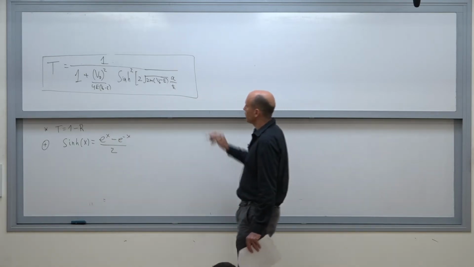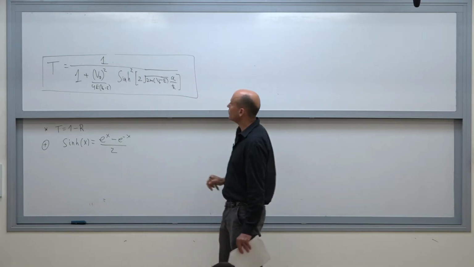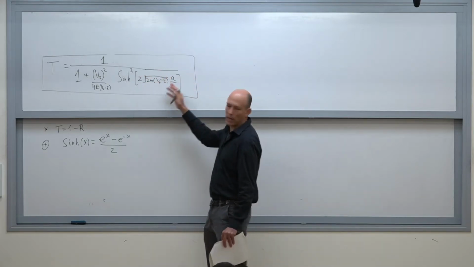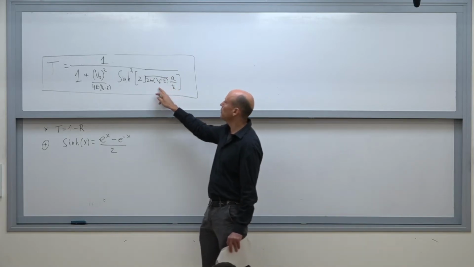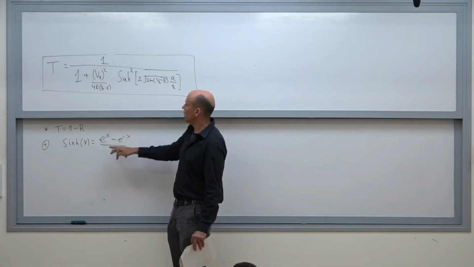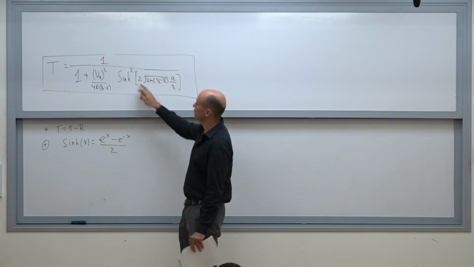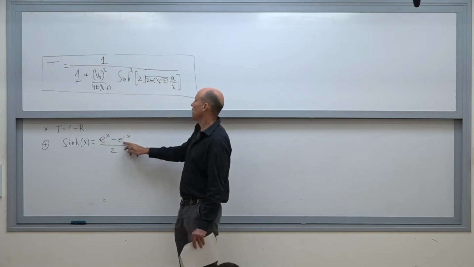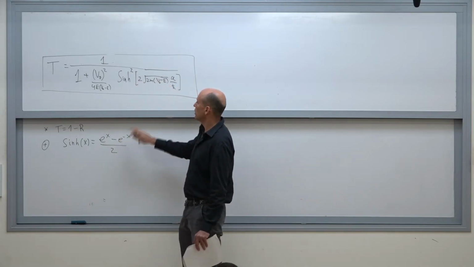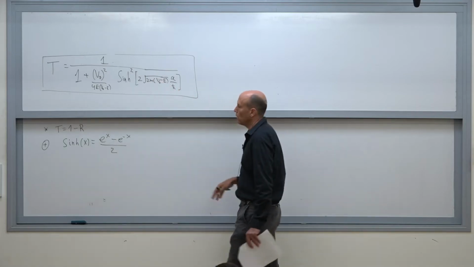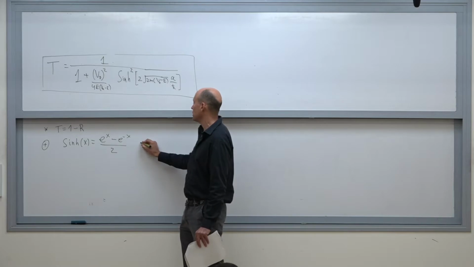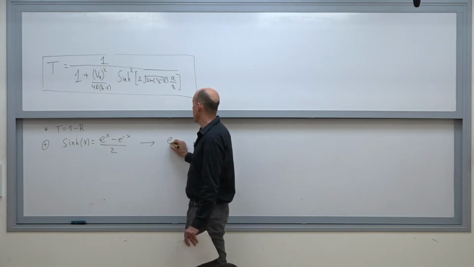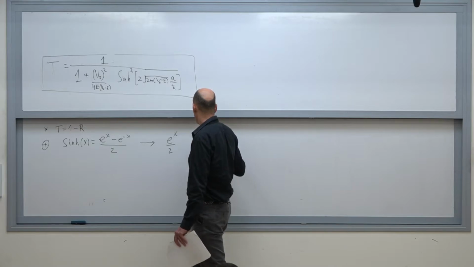This means that when this guy becomes big, then you will have an exponential of this big factor and minus e to the minus this big factor. So the decaying part of the exponential will go, so for large x, this goes like e to the power x over 2.